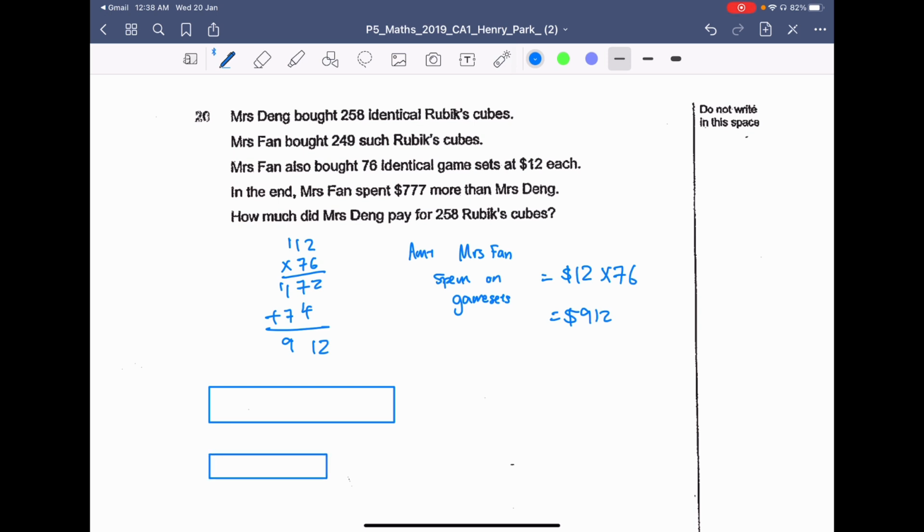So the top one represents Mrs. Fan, and the bottom represents Mrs. Deng. So this represents $777.